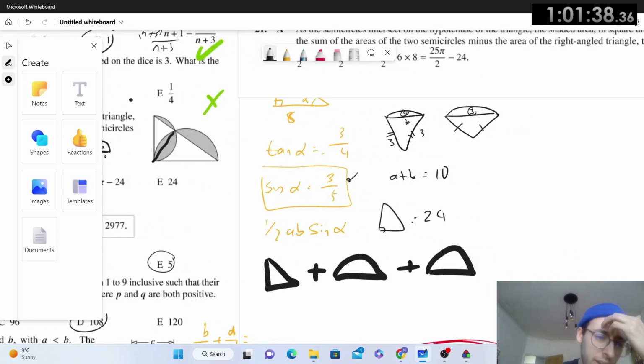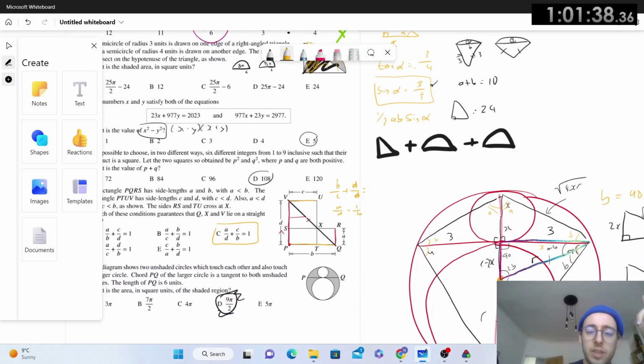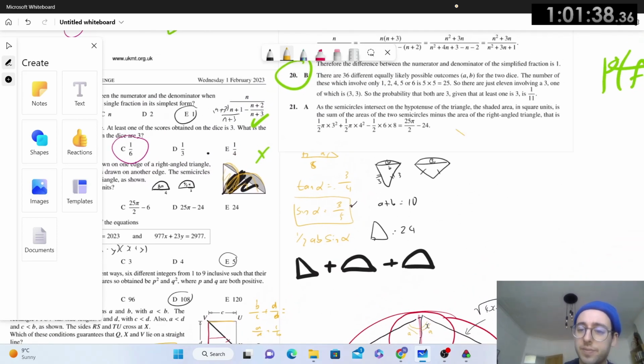No, wait. I've got the whole thing over here, then I've got the whole thing over here. So I've got that thing, I've got that thing, and I've double counted that. So it's the whole thing plus the whole thing, and then I take away this thing, and it gets rid of those. Oh my word. Okay. Did not get that. That's sad.